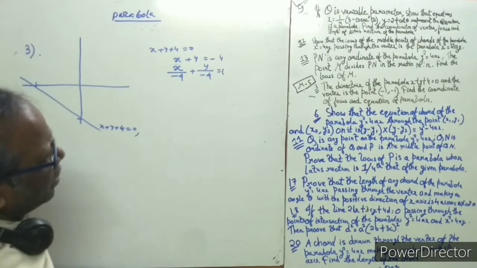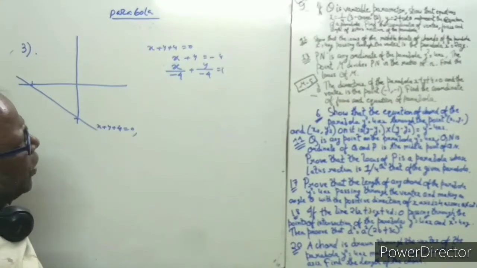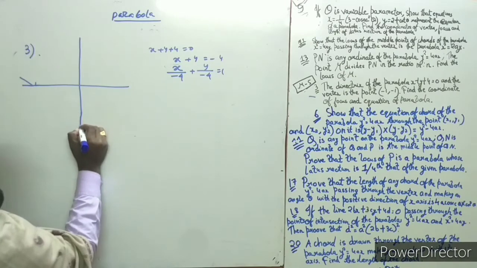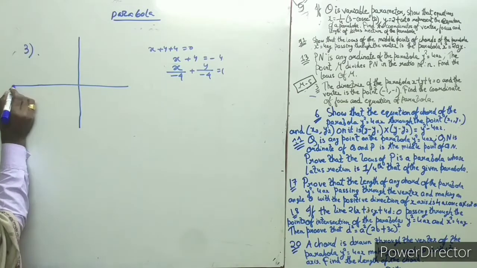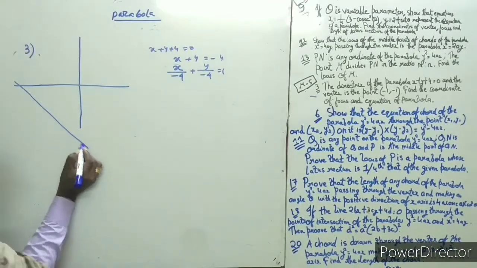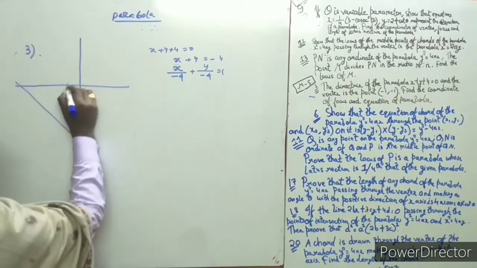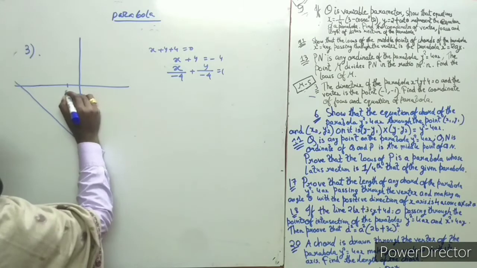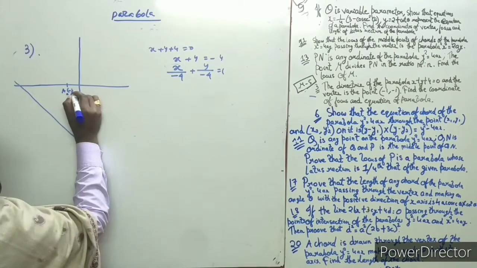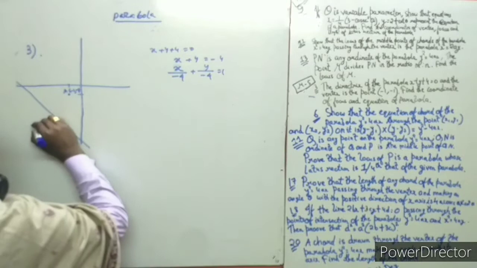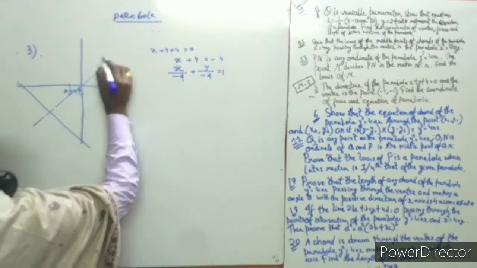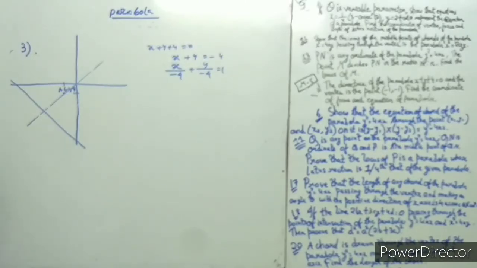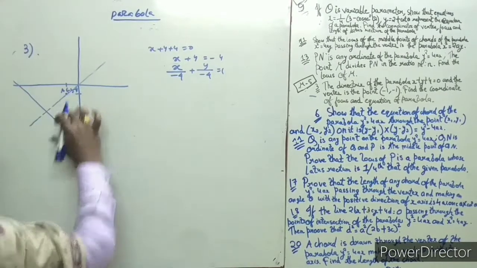And the vertex is the point (minus 1, minus 1), here vertex A. See, this is the directrix, and the intercept parts on both axes are equal.